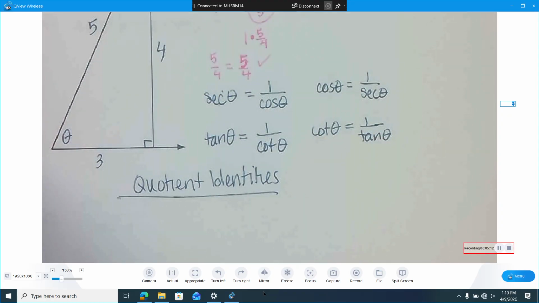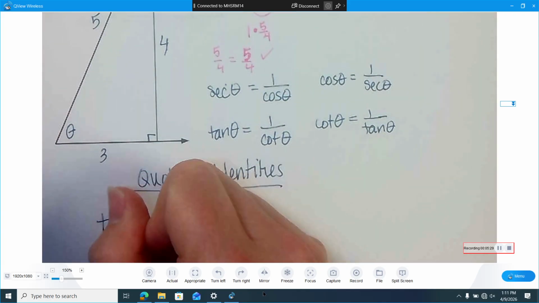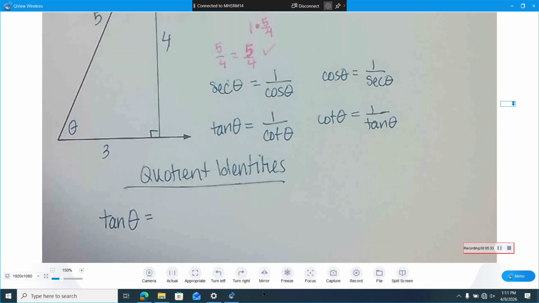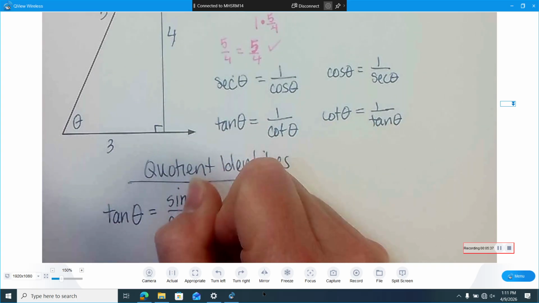All right, the quotient identities, what is a quotient? A division problem, yeah. So the quotient identities we used for like tangent. Well, tangent turns out to be sine theta over cosine theta.